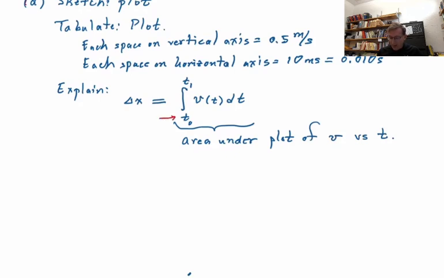The final t, since it asks at 50 milliseconds, is 50 milliseconds, which is, as you can convince yourself, 0.050 seconds. That's the upper limit. So, we have to find the area under that graph that we're given between the velocity axis and the time axis, and between time 0 and 50 milliseconds, or 0.05 seconds. So now we go back to the graph.